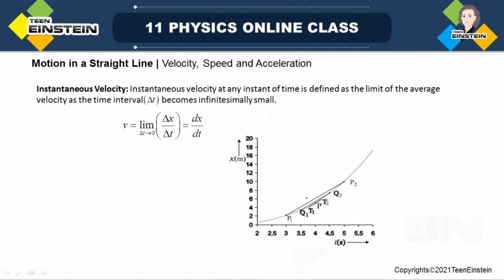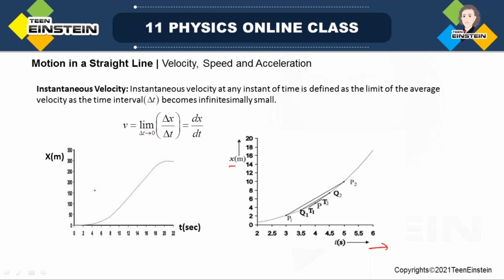Look here. This is the position time curve, position on the vertical axis and time on the horizontal axis, position measured in meters, time in seconds. Now, if you remember the curve where the car was moving in a straight line, it was picking up its speed up to 8 seconds.